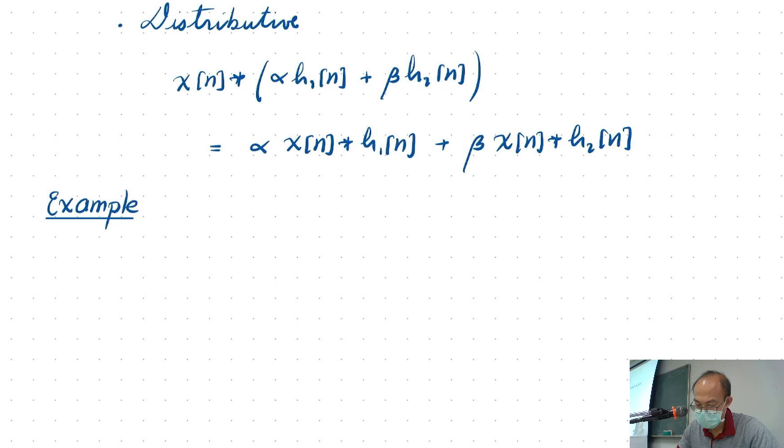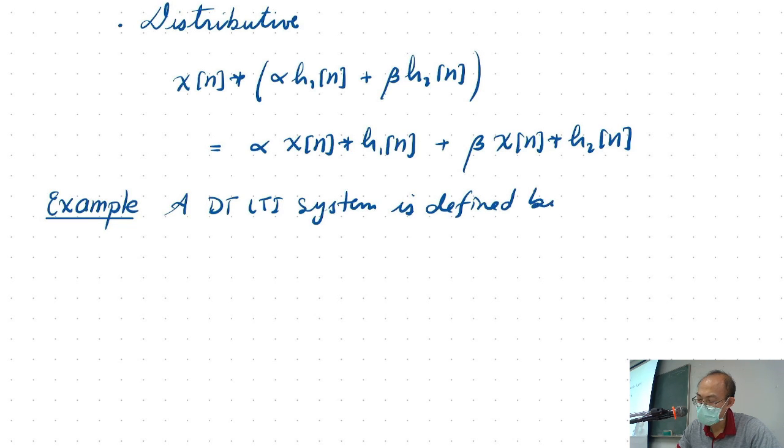A discrete time LTI system is defined by the following difference equation.